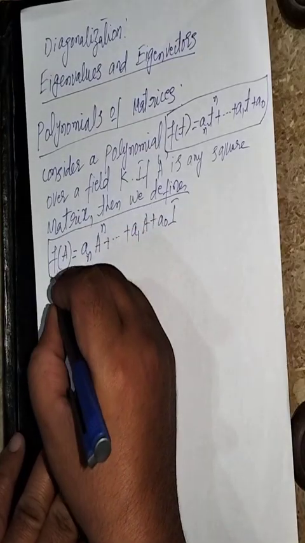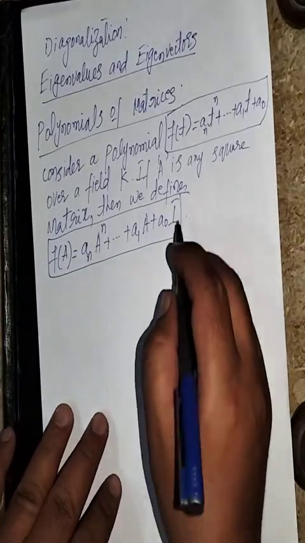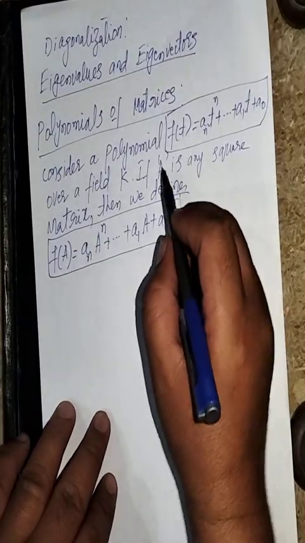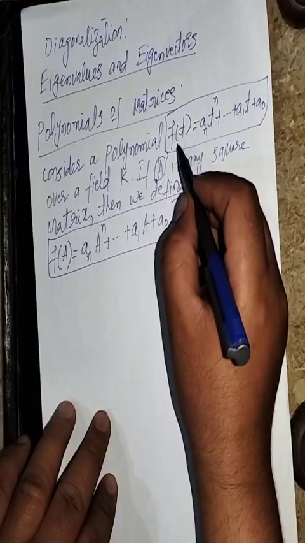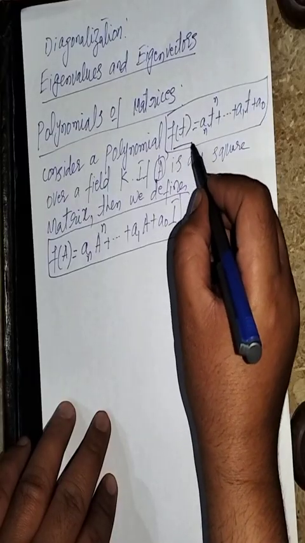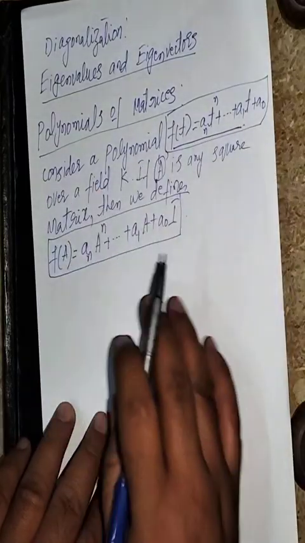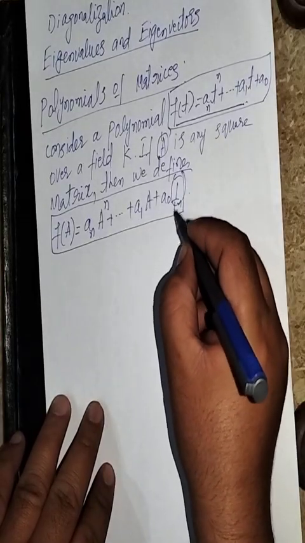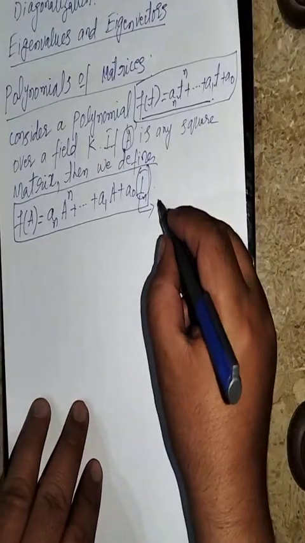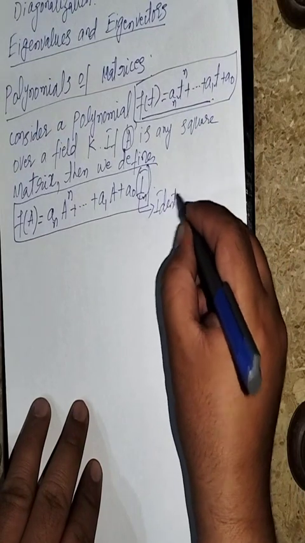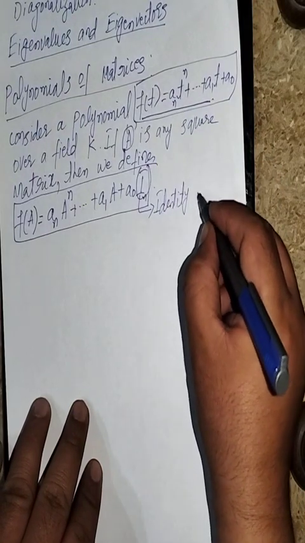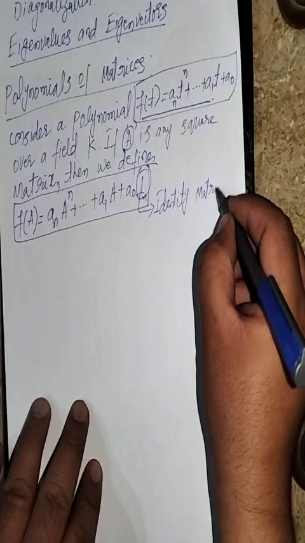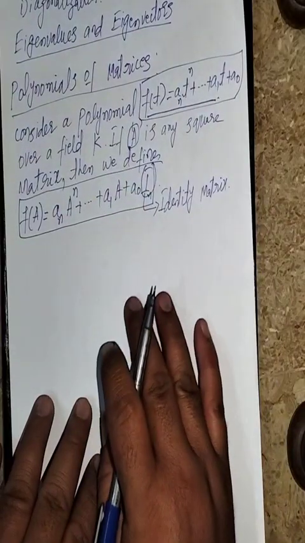This is the polynomial of a matrix, in which you have put the matrix A in the standard form of the polynomial, where this I_n is the identity matrix of order n.